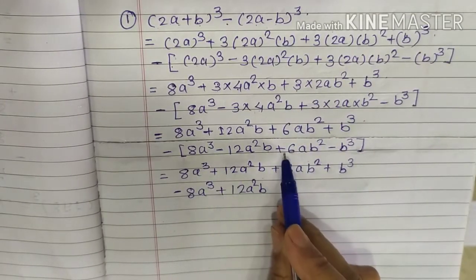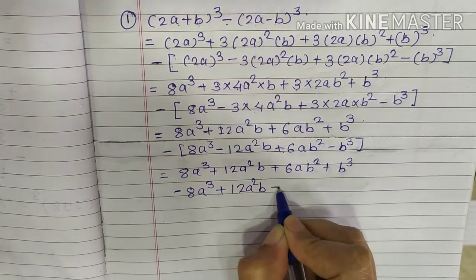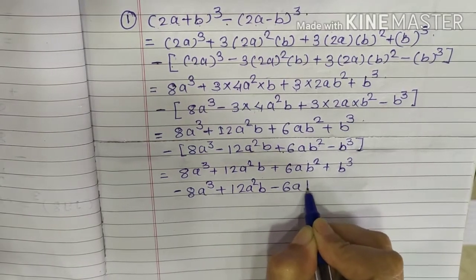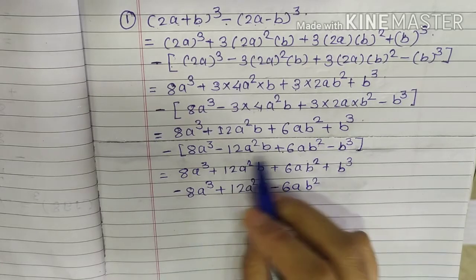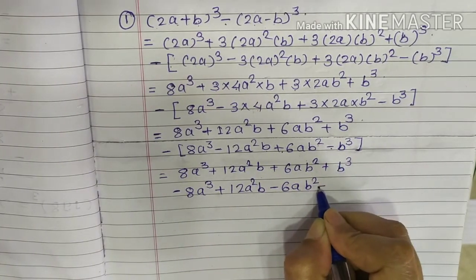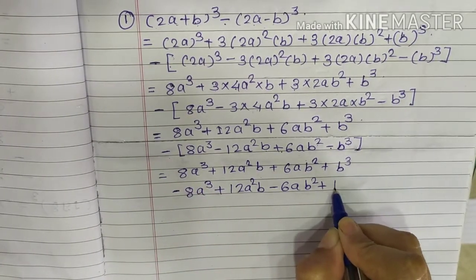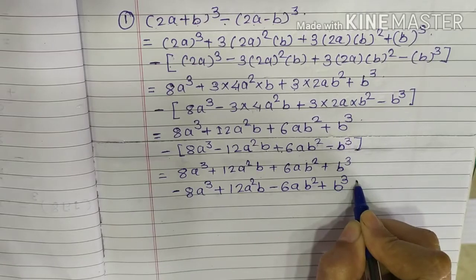This plus 6ab square becomes minus 6ab square. This minus b cube changes sign, because of the minus, to plus b cube.